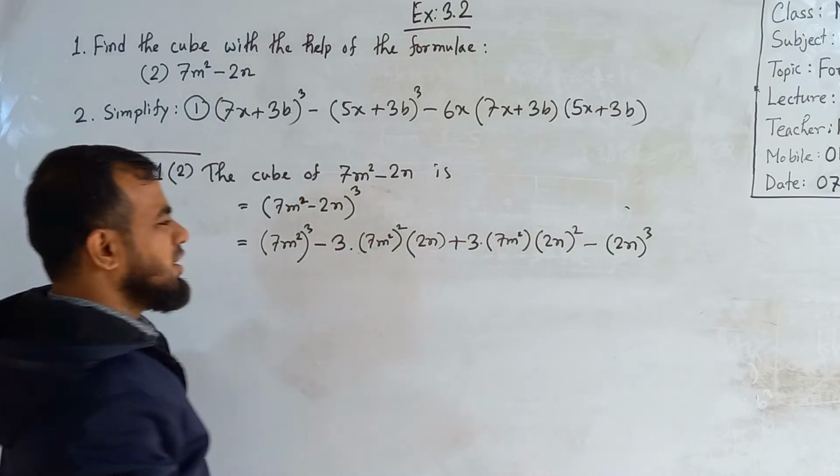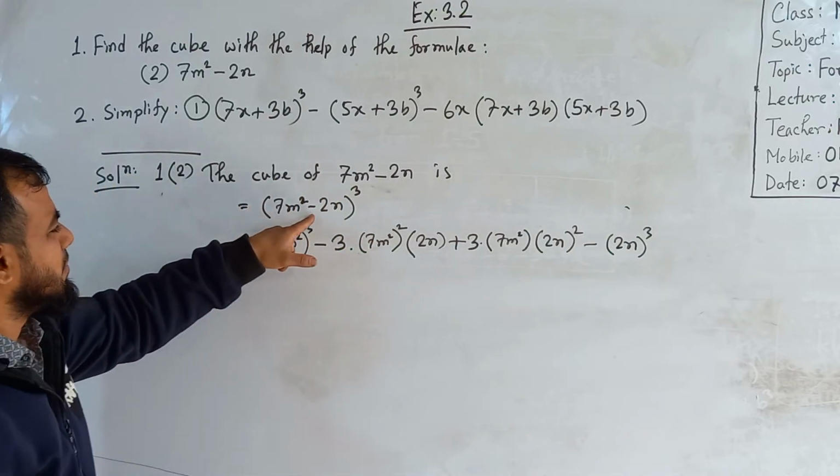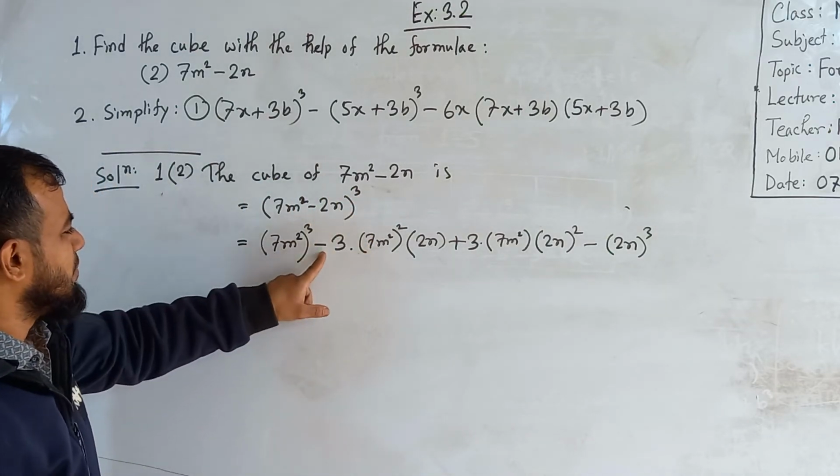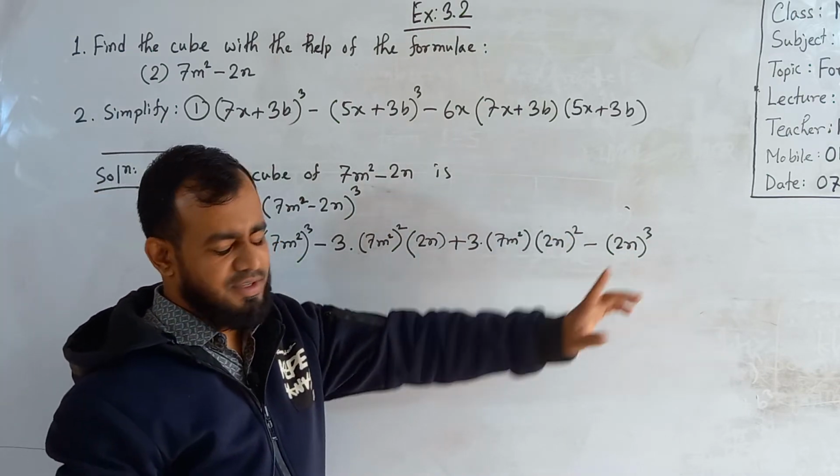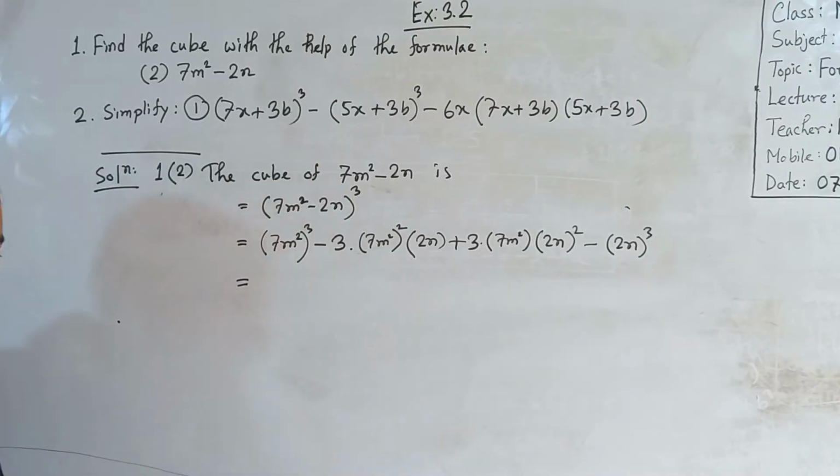I have written down only the formula here, nothing else. (a - b) whole cube is equal to a cube minus 3a squared b plus 3ab squared minus b cube. Now we should write down the calculation.